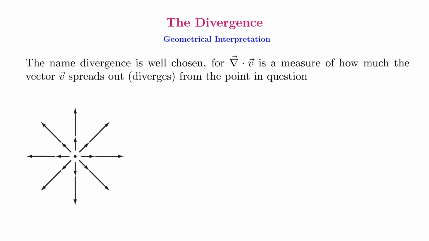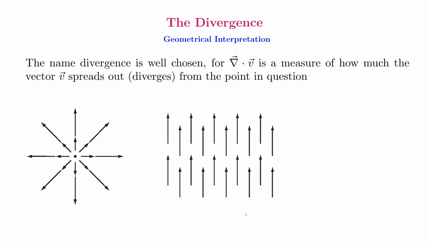If the arrow is pointed in, we will say that it has a negative divergence. In this figure, the arrows are all pointed along the same direction and have the same length. For this kind of vector function, the strength at this point and this point are the same.